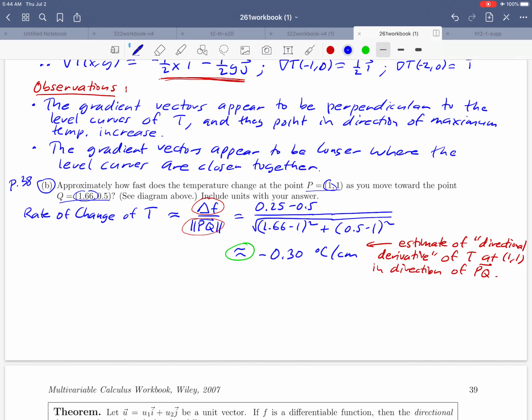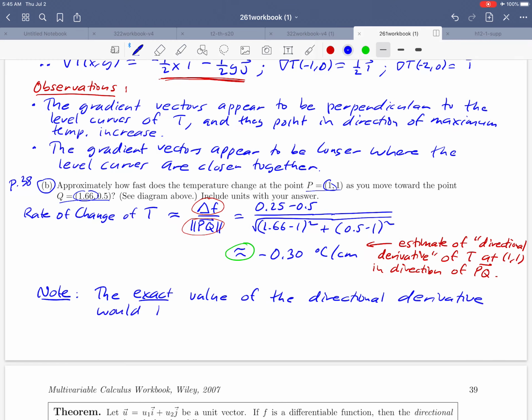Let's make that as a comment down here. The exact directional derivative would be the slope of the line L that we drew in above.